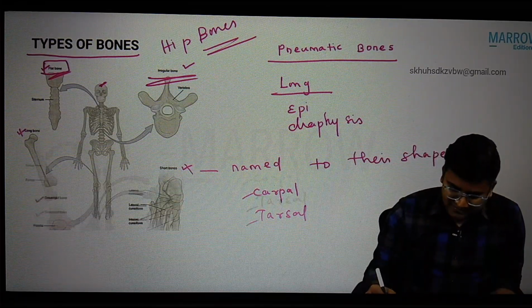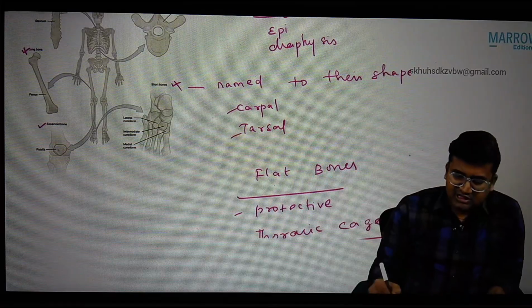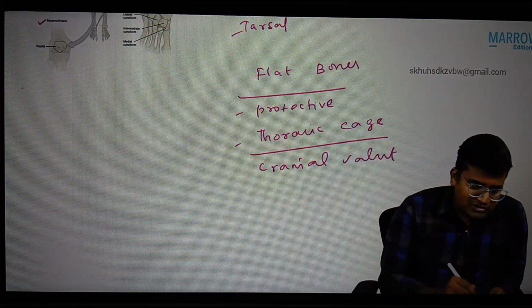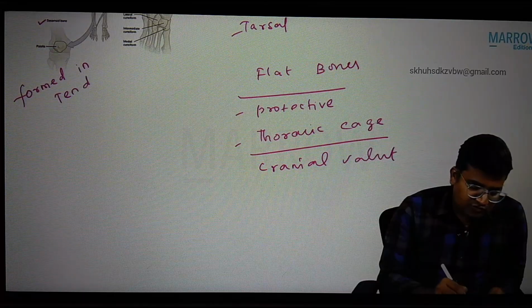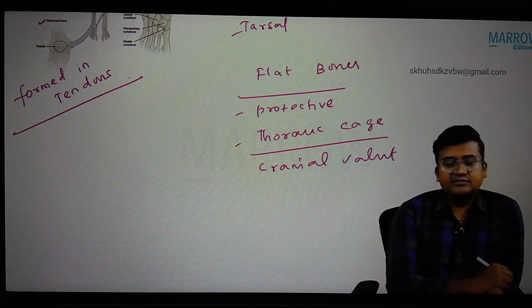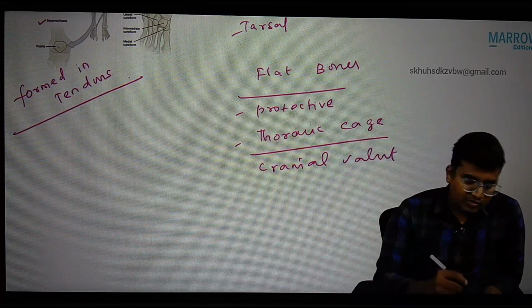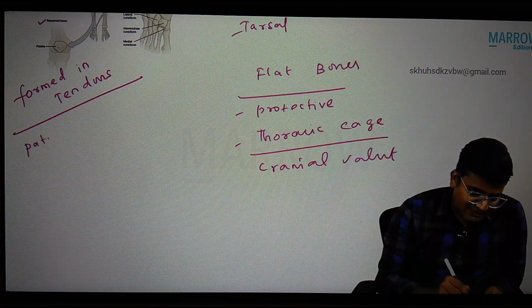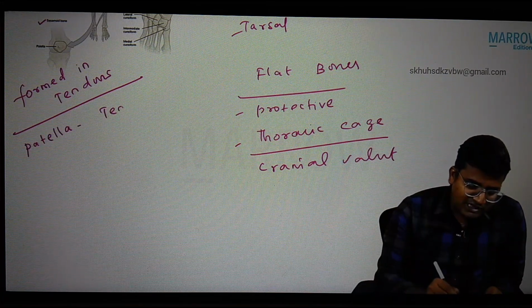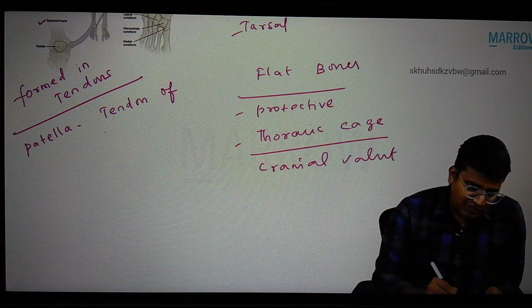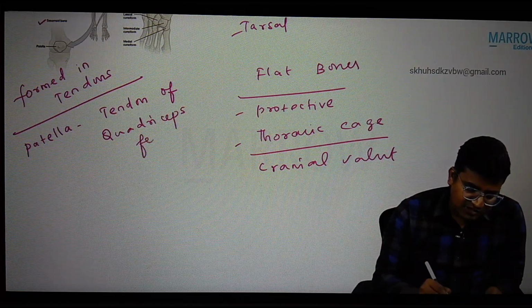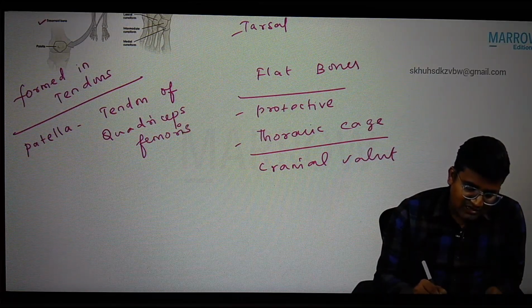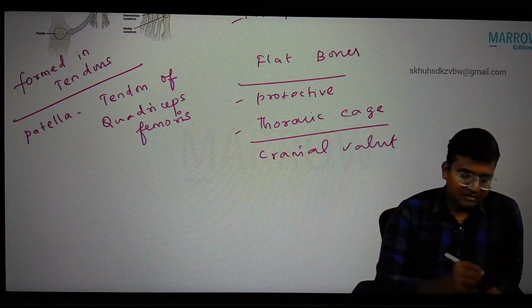Next, sesamoid bones. Sesamoid bone means bones formed in tendons. The largest sesamoid bone is our patella, which is formed in the tendon of quadriceps femoris muscle.